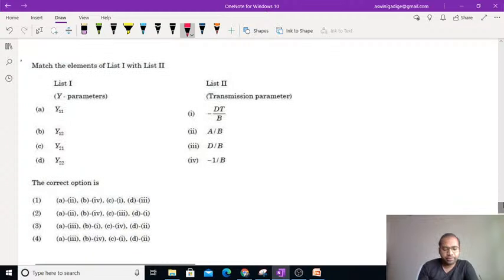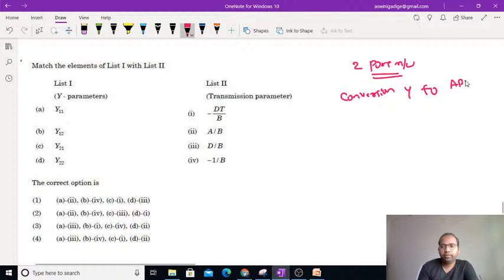And coming to the next question. It is a two-port network parameter question, and it is a conversion of Y to transmission parameters.